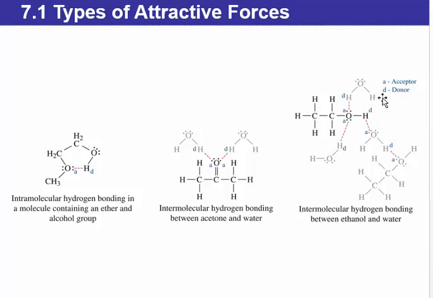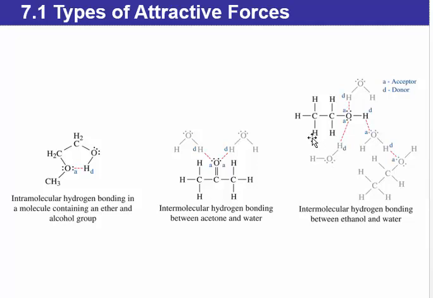So there's lots of hydrogen bonding possibilities because there are two substances that have oxygen and two substances that have hydrogen covalently bonded to oxygen. This is one of the reasons why ethanol is very soluble in water.